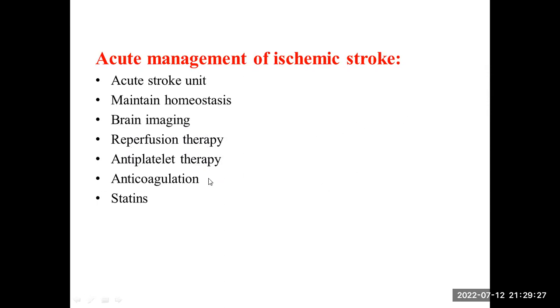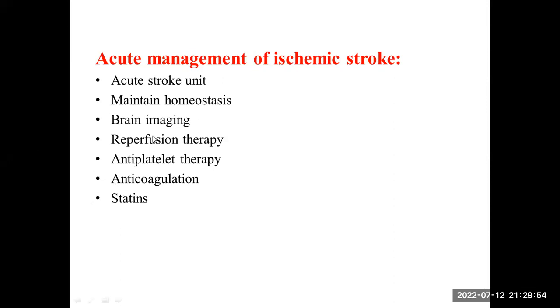If the patient underwent reperfusion therapy, then antiplatelet therapy should be given after 24 hours from reperfusion therapy. So an important point here, we use aspirin monotherapy, aspirin alone, not a combination of aspirin and clopidogrel in the acute settings. Aspirin is used alone for 2 weeks, and then it will be followed by clopidogrel for secondary prevention after 2 weeks.